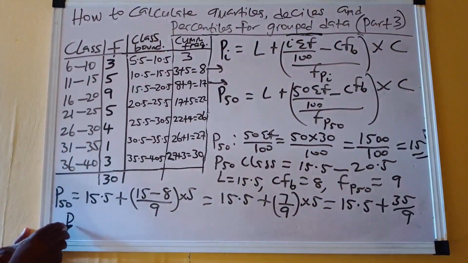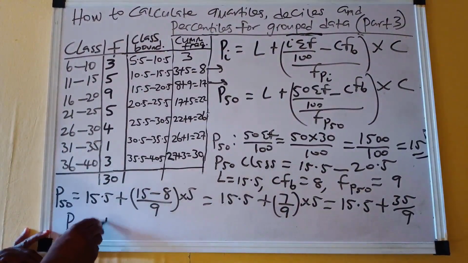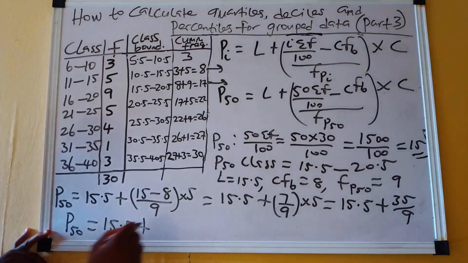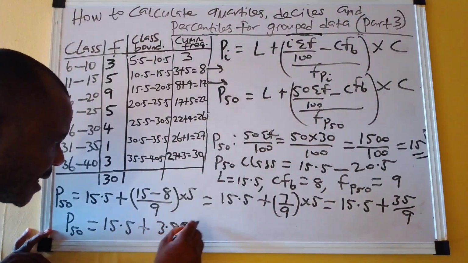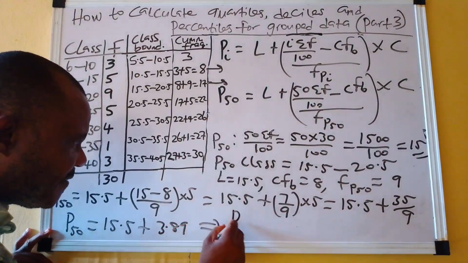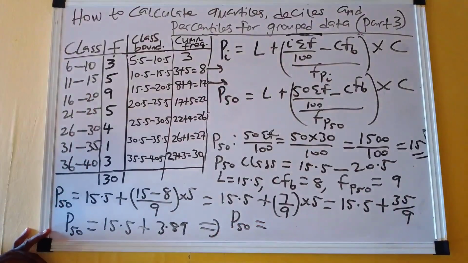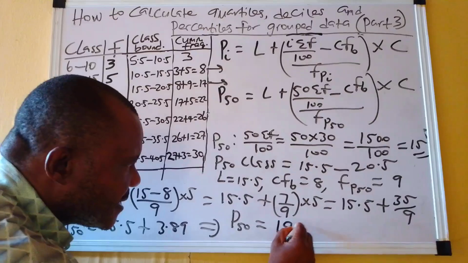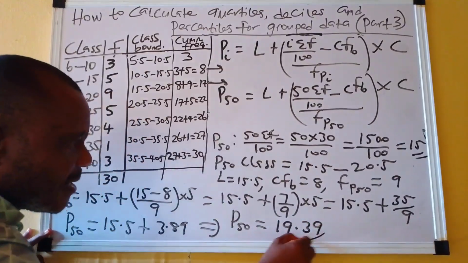So our P50 is equal to 15.5 plus 35 divided by 9, which is 3.89. So this implies that our P50, our 50th percentile, is now equal to 19.39. Look at the answer.